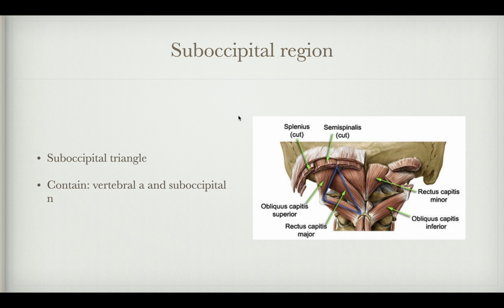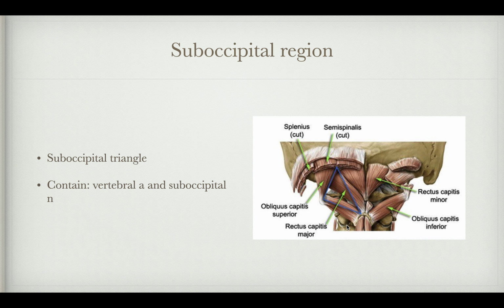So the suboccipital region is important to note because it contains the vertebral arteries and the suboccipital nerve right here. So this triangle is deep to the splenius and the semispinalis, and is bounded by the obliquus capitis superior, the rectus capitis major, and the obliquus capitis inferior.